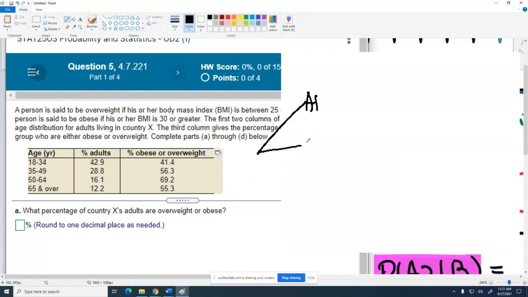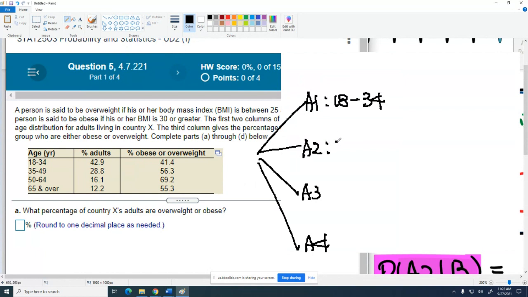Here are age groups 1, 2, 3, and 4. A1 is the 18 to 34, 35 to 49, and 50 to 64. And the last one is over 65.